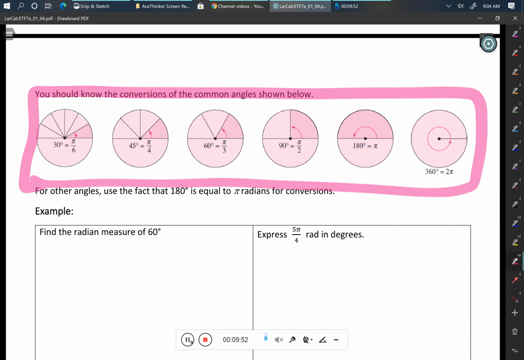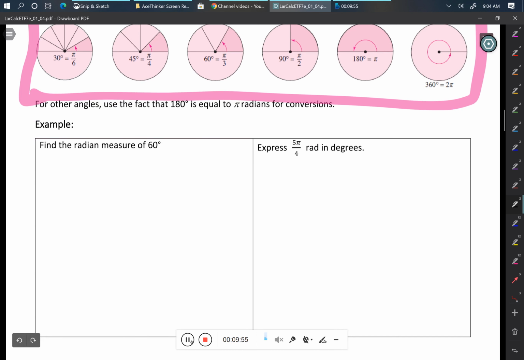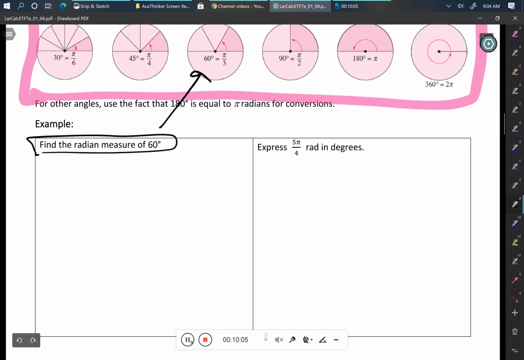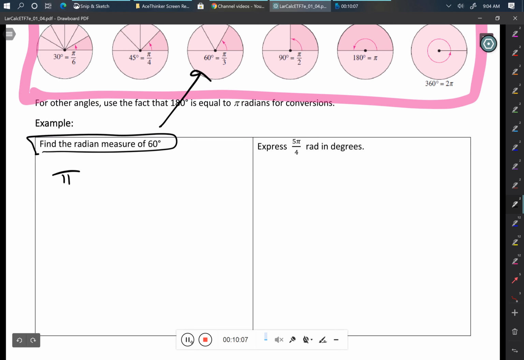So, find the radian measure for 60 degrees. Well, I should just know it, but let's pretend for a second that I didn't. So how do I find the radian measure for 60 degrees? Well, I just simply set up a proportion. If pi radians is the same as 180 degrees, then how many radians would be equal to 60 degrees? And so I can just set up a proportion and solve.